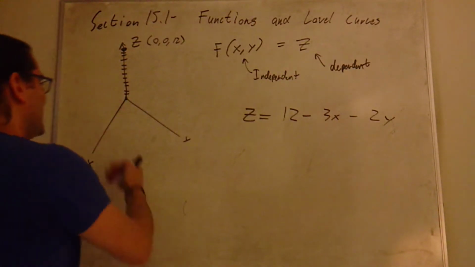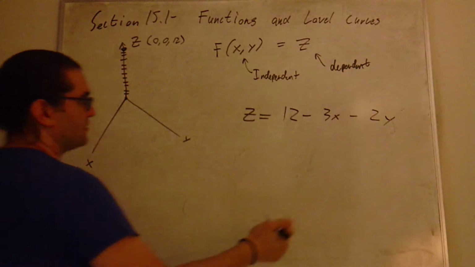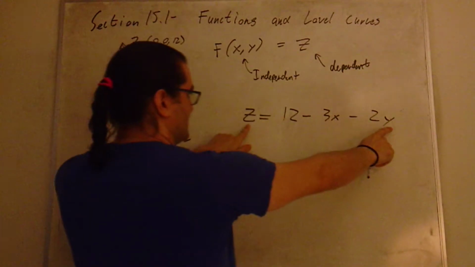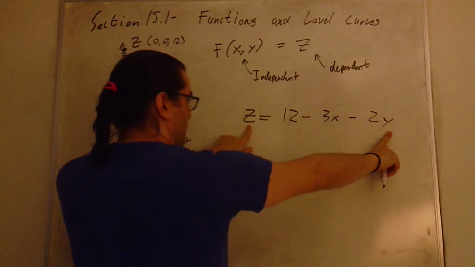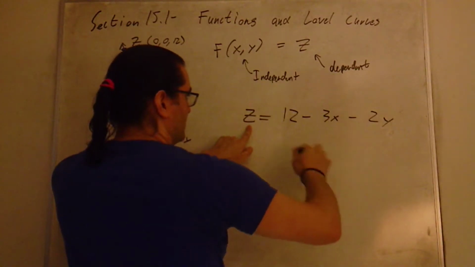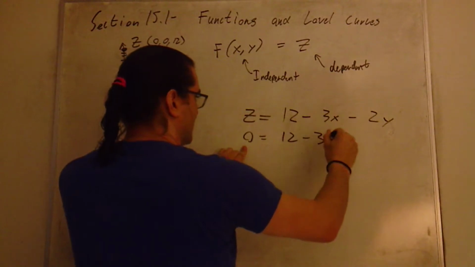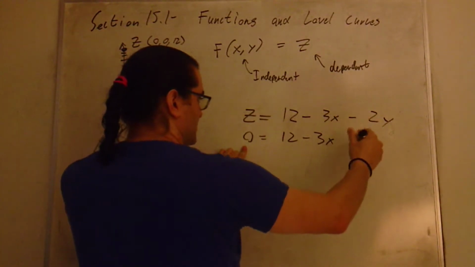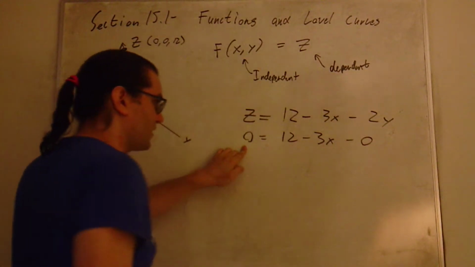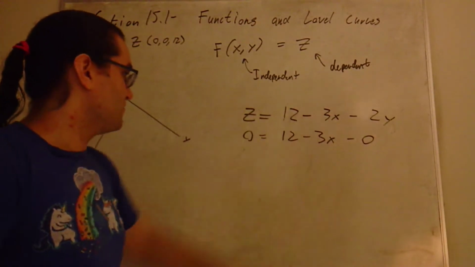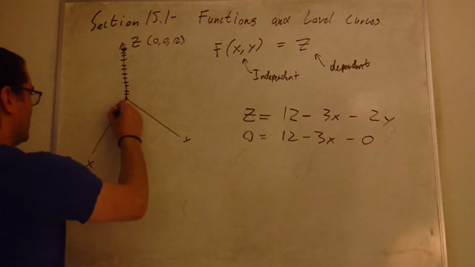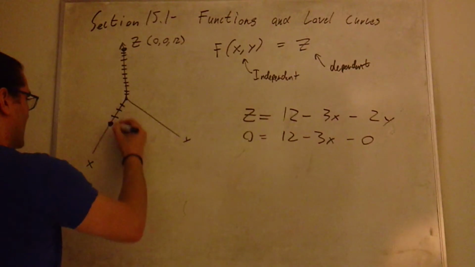If you want an x-intercept, that means that z and y are both going to be 0. So you would get 0 equals 12 minus 3x plus or minus 0. So we can see from that x would need to be 4. There's your x-intercept.